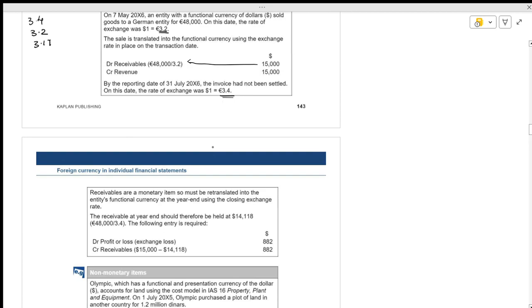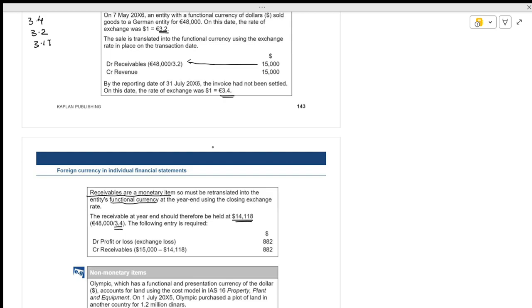Now in this process, receivables are monetary items. Receivables must be retranslated into functional currency. Because it has not been settled, it has to be retranslated at the closing rate on the closing date. Now what happens when it is retranslated? How many dollars will we get?